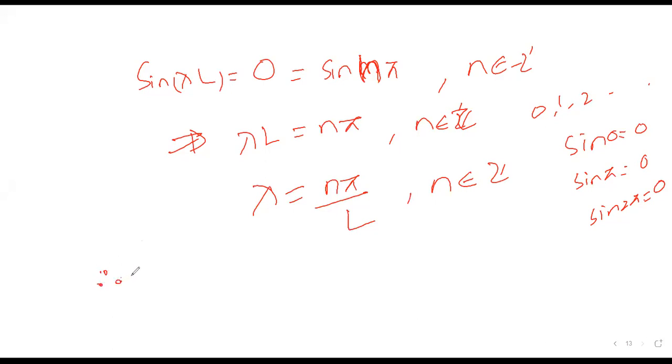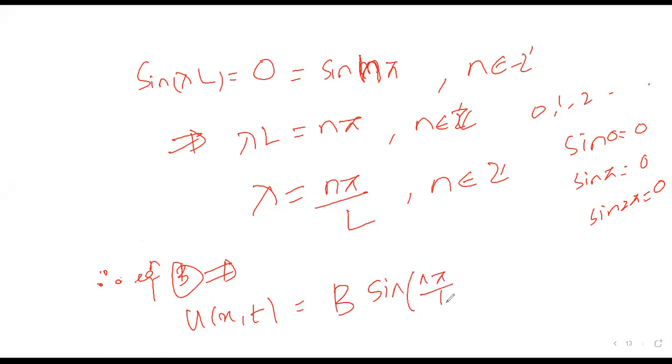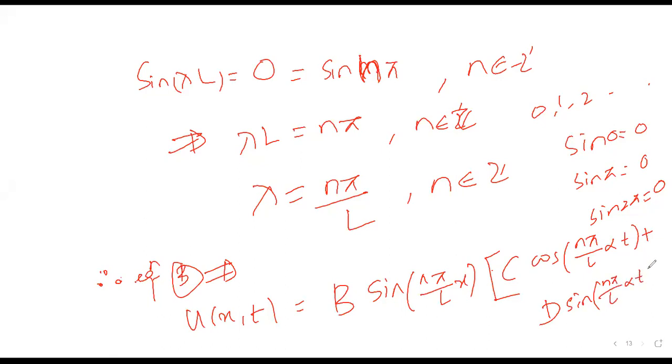B is enough. Therefore, our equation B comes as, wherever the lambda is, you put n pi over L. So u of x comma t will be turned into b sine n pi x over L times, write down this one, c cos n pi over L alpha t plus d sine n pi over L alpha t.